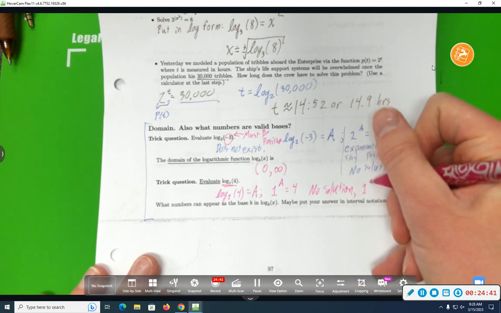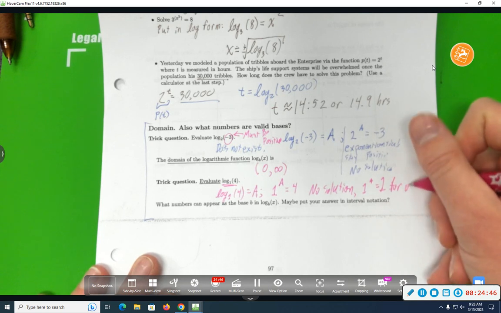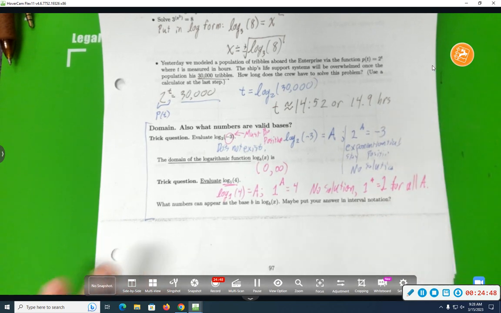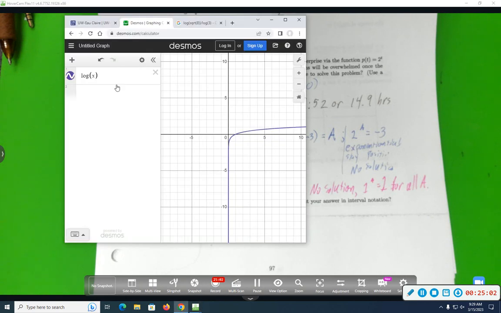1 to the A is equal to 1 for all values that A might take. In fact, did the 4 matter? Does log base 1 make sense at all? No. And let's see why again by appealing to a graph. So remember, log of x is supposed to be the inverse to an exponential function.